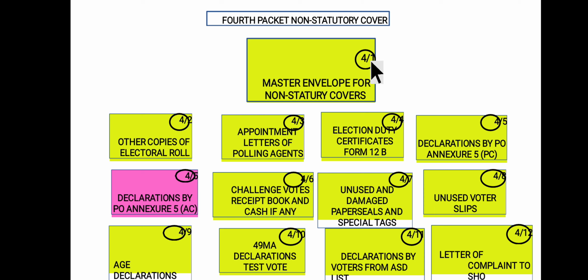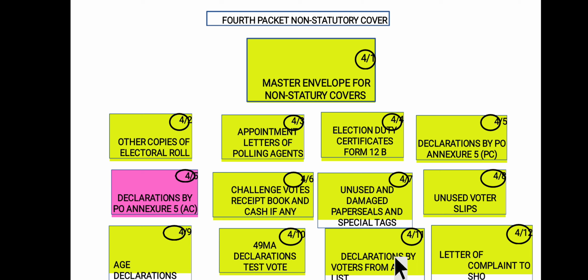So 4 by 1 master envelope, other copies of electoral roll, appointment letters of polling agents, election duty certificate, declaration by PO Annexure 5 for parliamentary constituency, and now look at the different color here, declaration by PO Annexure for assembly constituency, challenged votes received book and cash if any, unused and damaged paper seals or special tags, 4/7 unused voter slips, 4/8 and 4/9 declarations, 49 MA, which is very unusual, declarations test vote, declaration by voters forms and ASD.